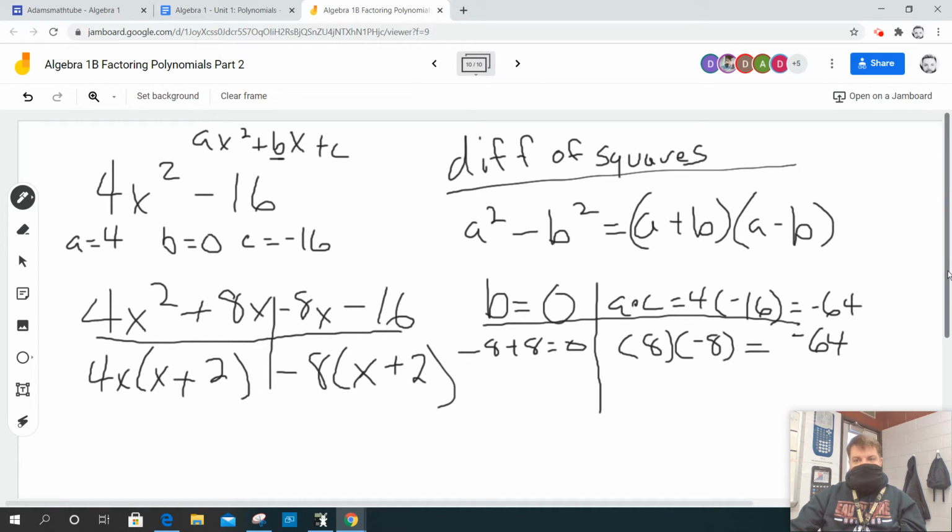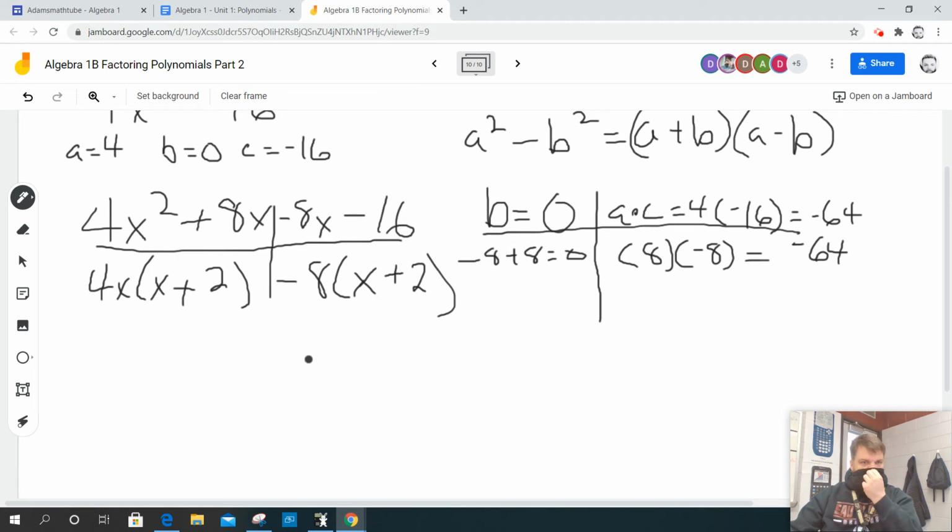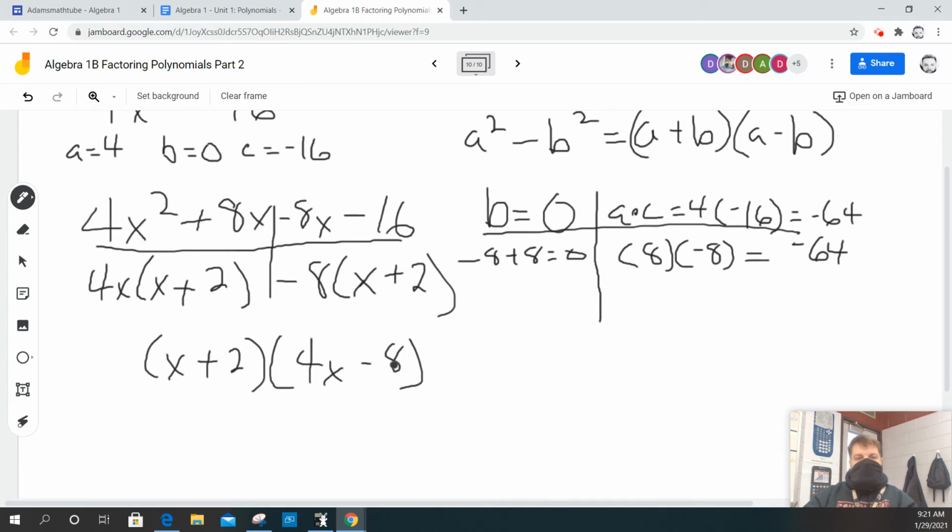Now, what's cool about this, and we've got to be careful here, I'm going to factor out the x plus 2, and then what goes in the parentheses is 4x minus 8. But as I look at this, what do you notice? I notice that 4 and 8 are divisible by 2.